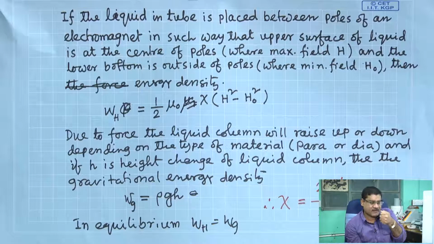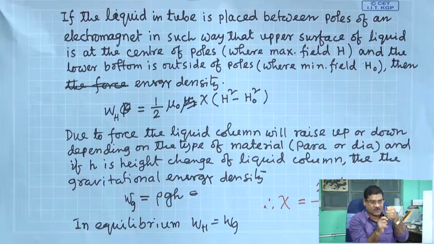Now, it is easy to understand if you consider that it moves up. That means, from the surface position before applying the magnetic field, which was the equilibrium position, this surface is now going up due to the magnetic field.